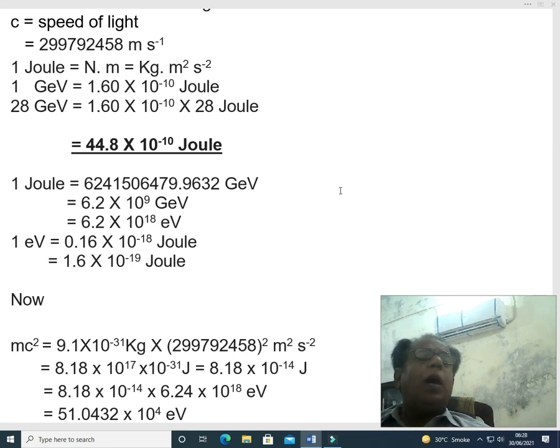So already 10 raised to the power 9 and another 10 raised to the power 9 will constitute 10 raised to the power 18.